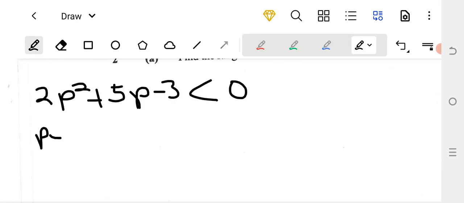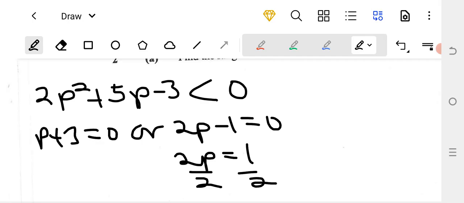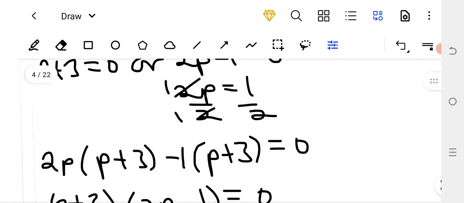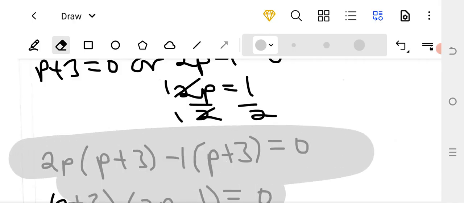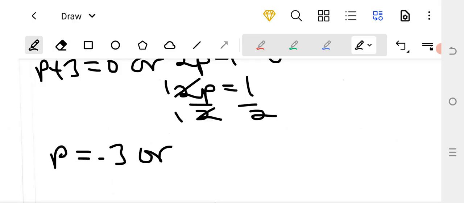So p plus 3 is equal to 0, or 2p minus 1 is equal to 0. 2p is going to be equal to positive 1. Divide both sides by 2. 2 can go into itself 1, into itself 1. So if you clean up, you are going to have your answer as p is equal to negative 3, or p is equal to 1 over 2.